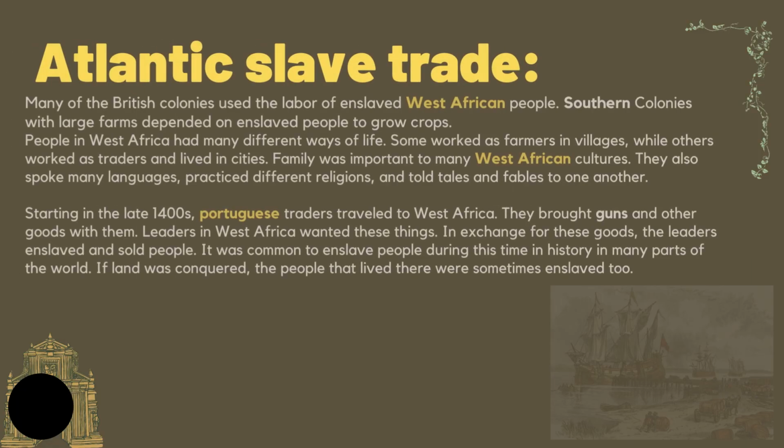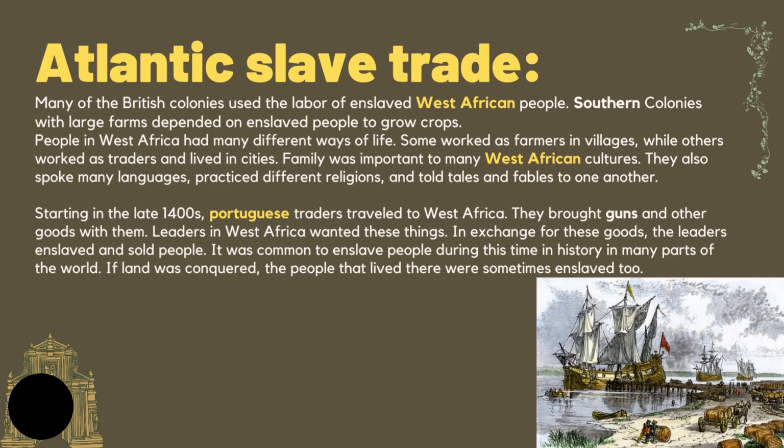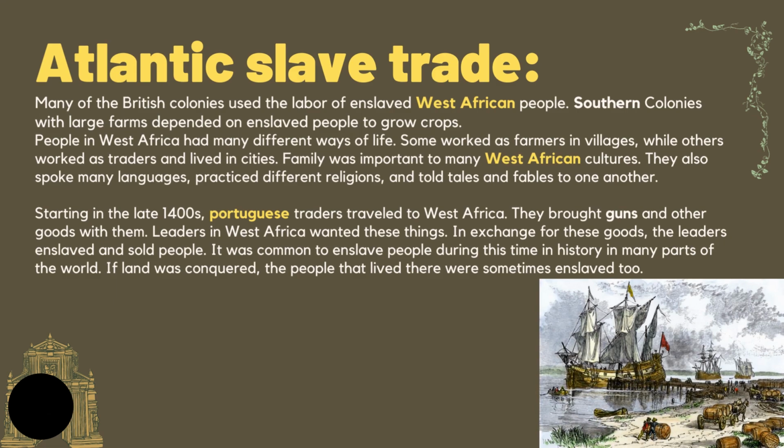All right, so let's talk about the Atlantic slave trade. Many of the British colonies used the labor of enslaved West African people. Southern colonies with large farms depended on enslaved people to grow crops. People in West Africa had many different ways of life.